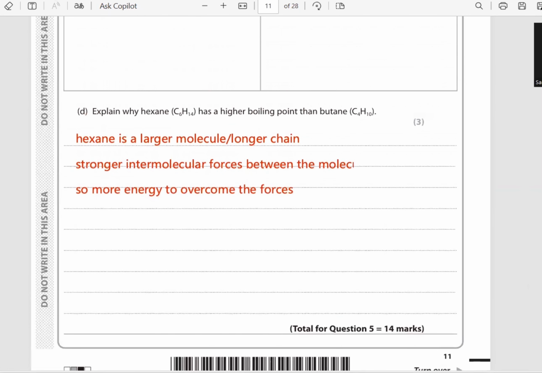So hexane is a larger molecule, with a longer chain and stronger intermolecular forces between the molecules, and more energy is needed to overcome the forces of attraction. Whenever they ask about boiling point or melting point, don't forget to mention the word energy. This is a key word. You must mention the energy. More energy is required to overcome the forces of attraction or intermolecular forces.